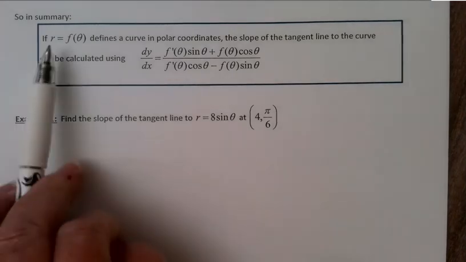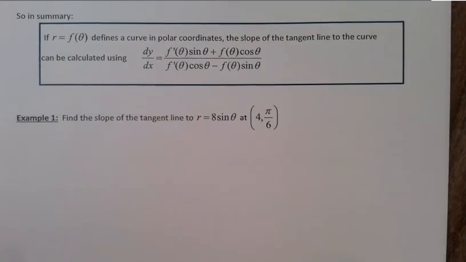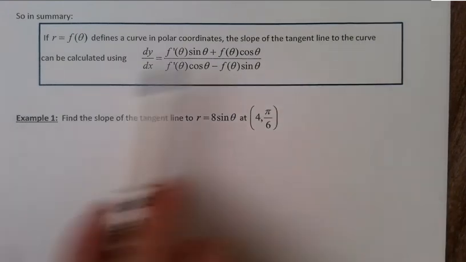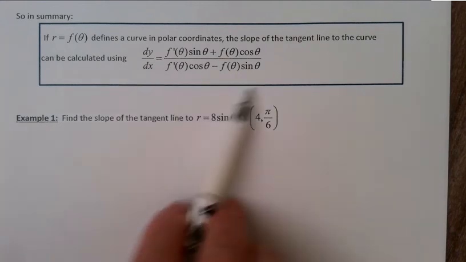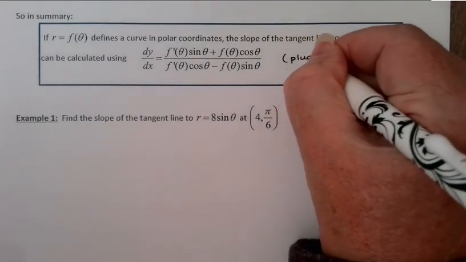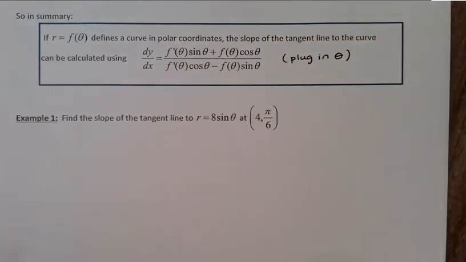So once again, if we've got r equals f of theta, a curve in polar coordinates, the slope of the tangent line to the curve can be calculated using this derivative, and of course we'll always have to plug in the appropriate theta to get the actual numerical value of the slope.